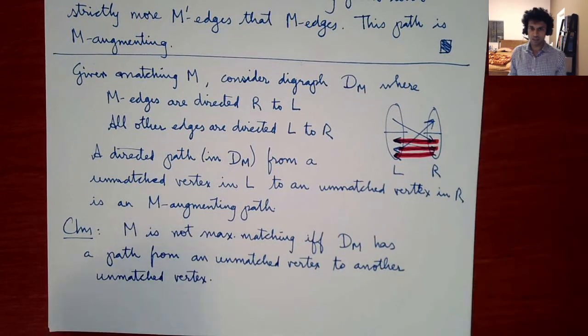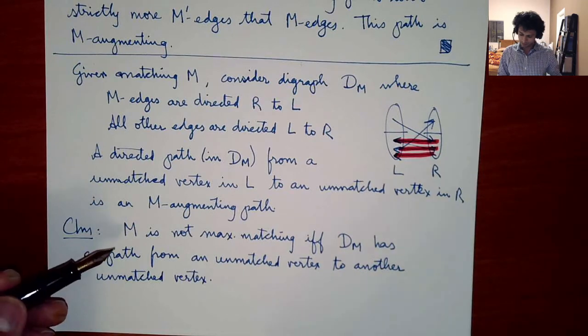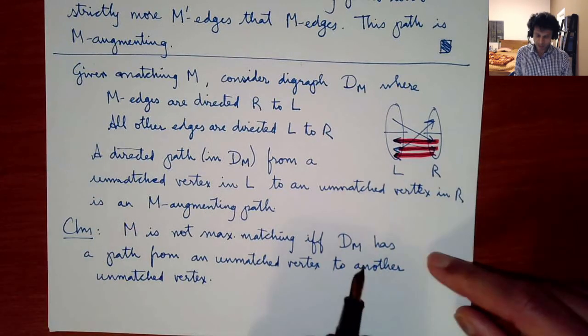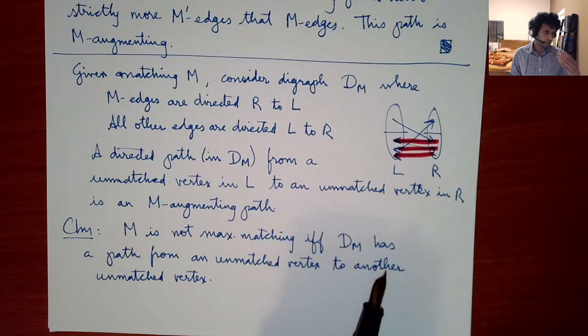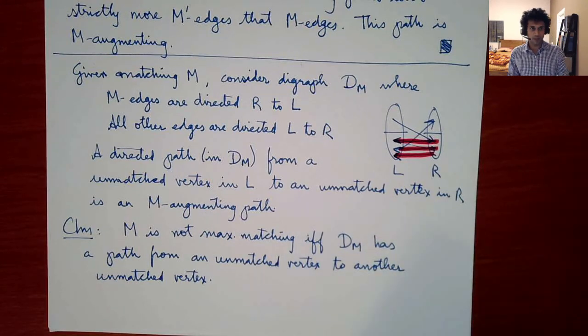So this basically then proves that Ford-Fulkerson is doing the right thing, because you say that if M is not a maximum matching, then there exists a path. The path can be found using BFS or DFS. You find the path, you do the flip, then you increase and you keep repeating.